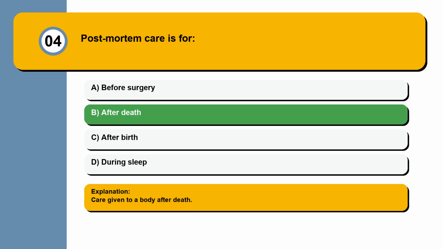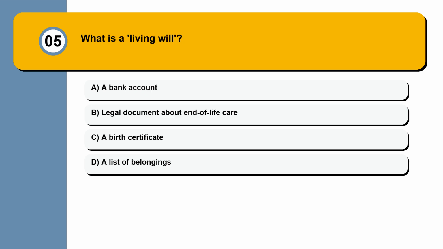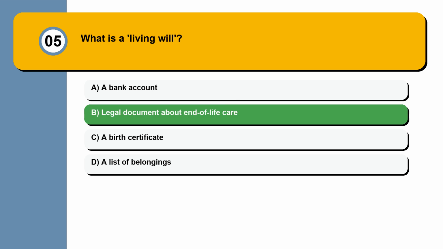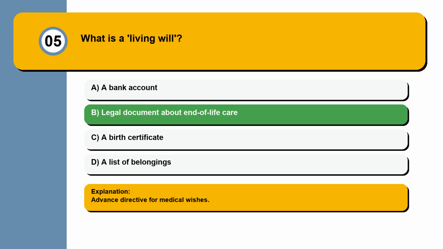Care given to a body after death. Question 5. What is a living will? A bank account. Legal document about end-of-life care. A birth certificate. A list of belongings. Advance directive for medical wishes.